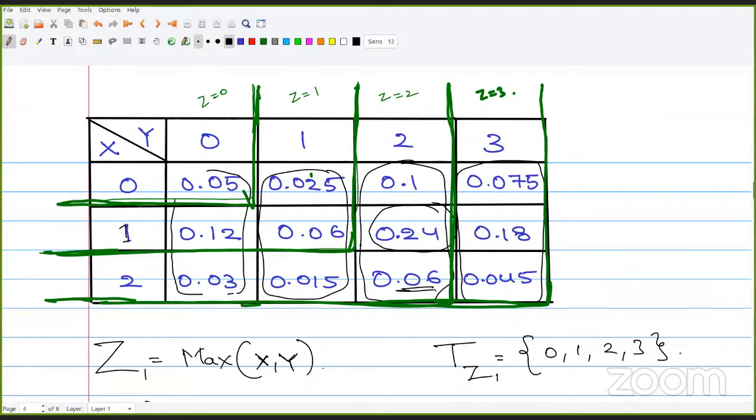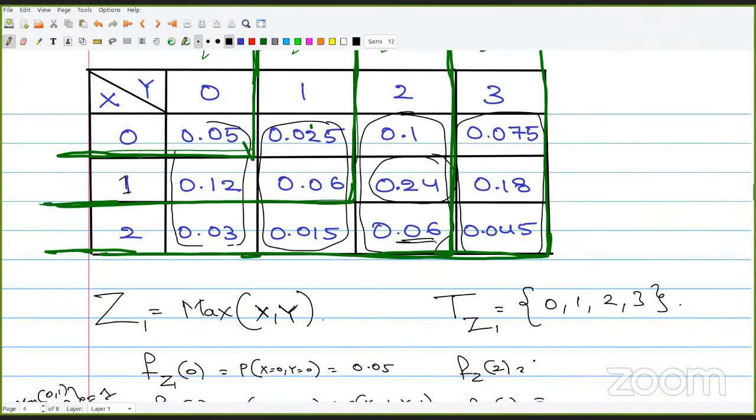So there are 5 possible cases for which Z1 takes value 2. So we have to add 0.03 plus 0.015 plus 0.06 plus 0.1 plus 0.24. So this will sum up to 0.58.